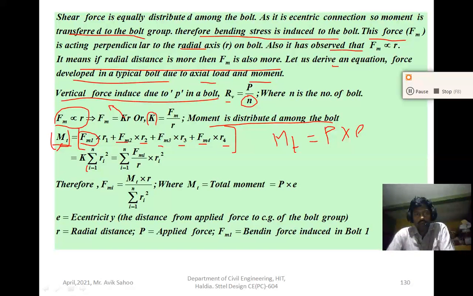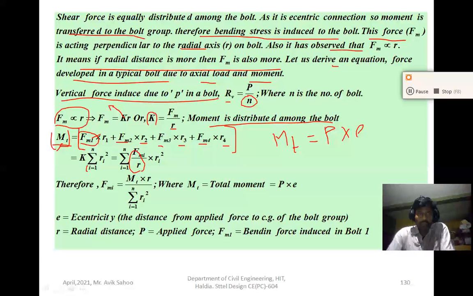So Fm1 is equal to how much? That is K into R1. So if I take K common, then this expression will come, and again we put the value of K, which is equal to Fm by R, so Fm by R into Ri square.